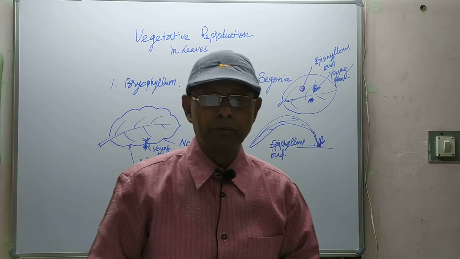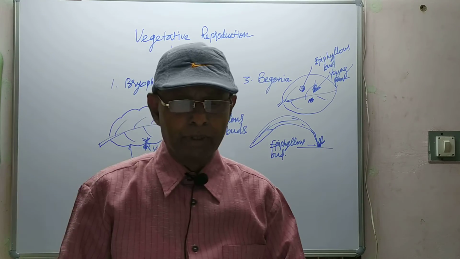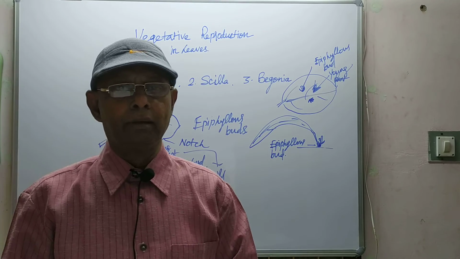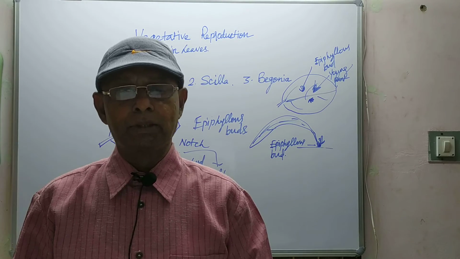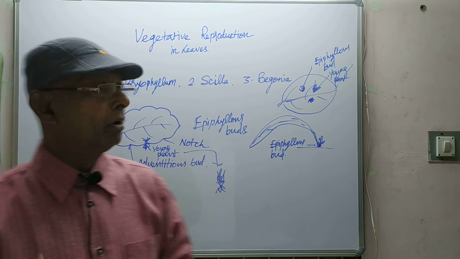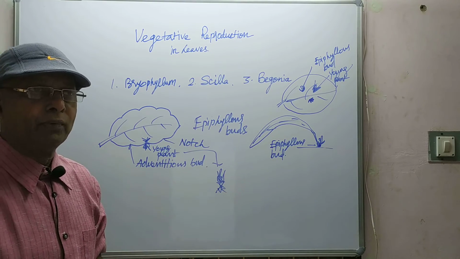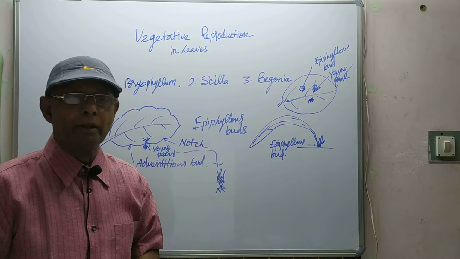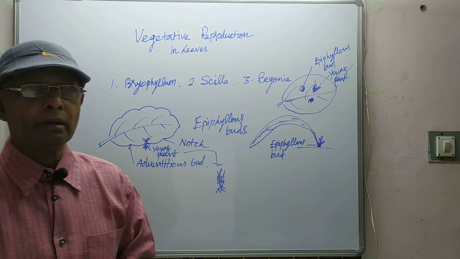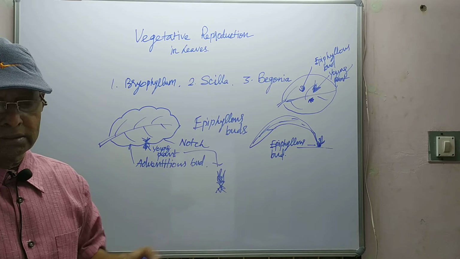So that is about vegetative reproduction in leaves. In the case of Bryophyllum, Scilla, and Begonia, the leaf will produce a new plant. That is the peculiarity in these three cases.